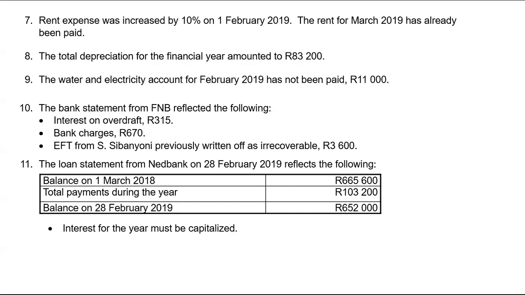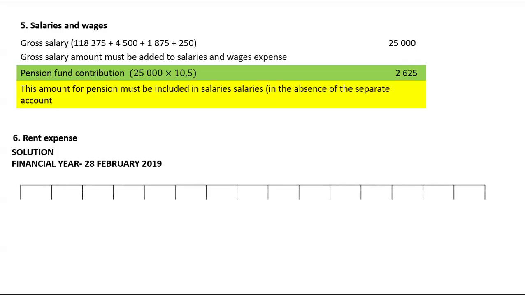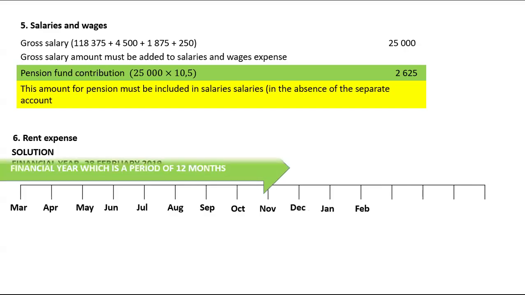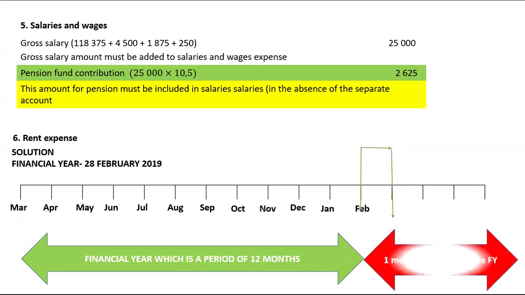Our timeline will start on the 1st of March 2018 and run all the way to the 28th of February 2019, as well as March. We will include March because rent for March was included. They said rent was increased on the 1st of February, so I will draw a line between February and March. So we know that 1 month falls outside the financial year.